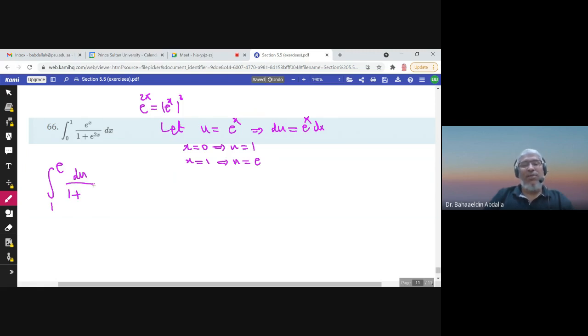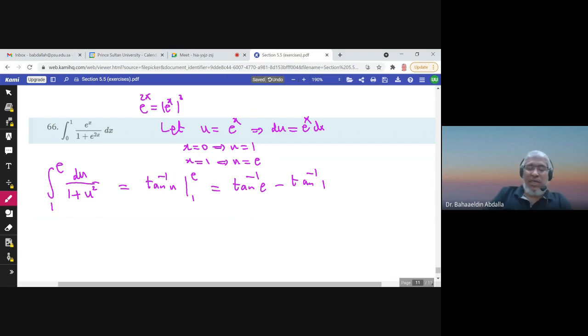1 plus e^x square. So this is again tan inverse u, but from 1 to e. So the answer is tan inverse e minus tan inverse 1.